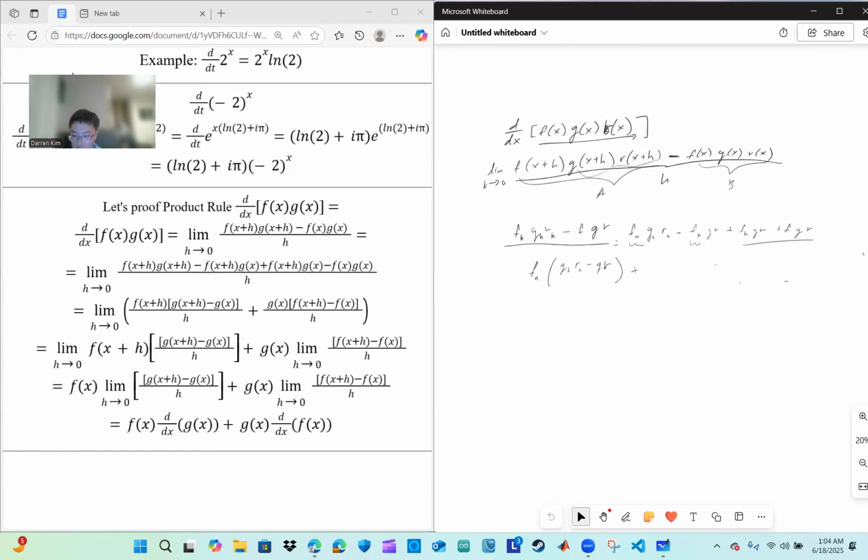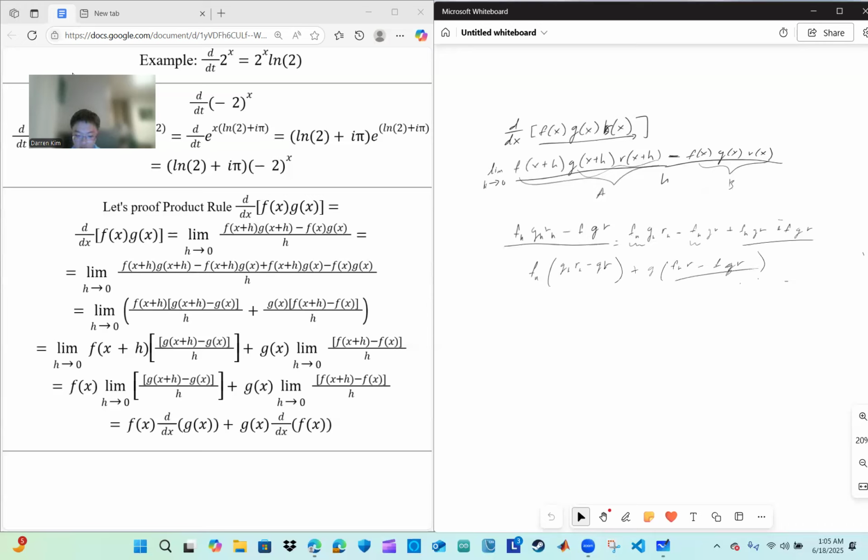We have plus, and then let's grab it toward g(x) over here, g, and we have f(x) r, plus, is it plus? No, this is minus. This doesn't make sense. I'm mentally thinking it doesn't make sense. f and g r, which g is gone, so this is it.